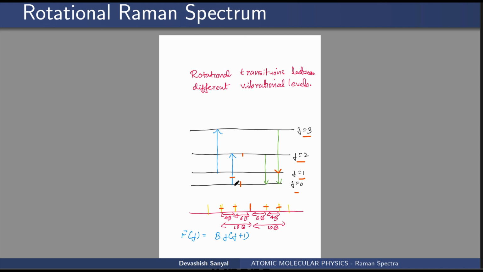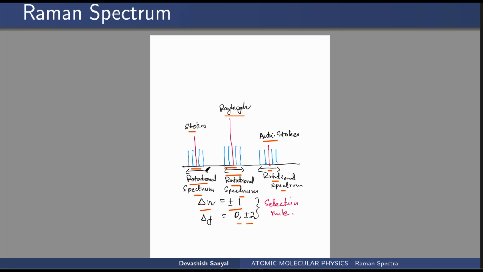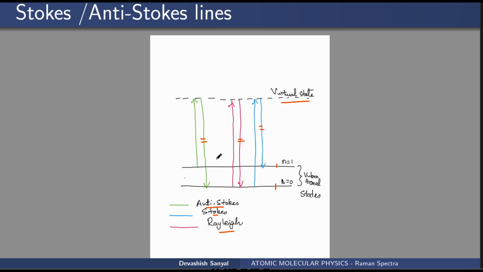So effectively, the molecule is excited from J is equal to 0 of one vibration level to J is equal to 2 of another vibration level. Okay, so it could explain this kind of line, this part of the spectrum. So we have this central line, and to the left and right we have the smaller lines associated with the rotational degrees of freedom.